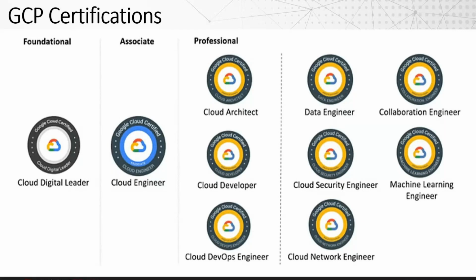If you want to start with the Google Cloud platform, the best thing is to go for the Google Certified Associate Cloud Engineer, which is a very decent certification that will give you an idea about managing your day-to-day Google Cloud operations. If you want to become a professional cloud architect, you can go for the Google Certified Professional Cloud Architect certification. As per what I know, Google is planning multiple further certifications and multiple improvements.